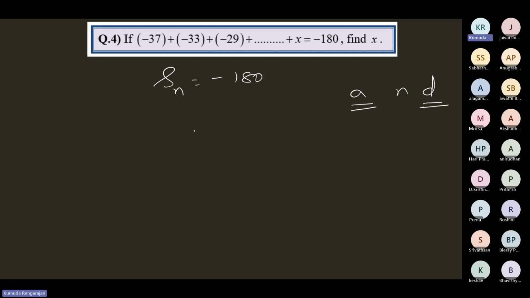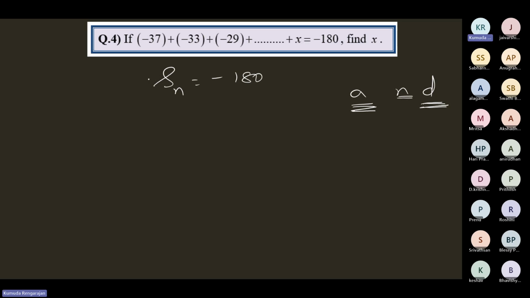Of these 3, if you know the values of any 2, you can find the third one. In AP, we have only these 3 variables, a, n, and d, nothing else. You know a and d, but you do not know n, so you can find it using this equation.